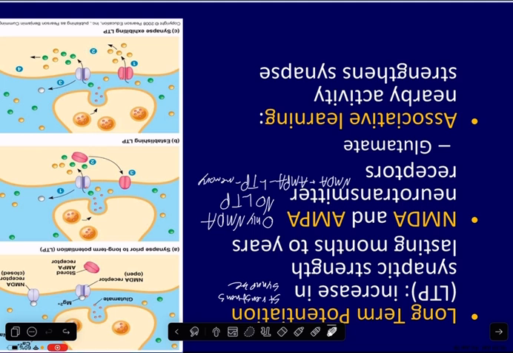So what researchers did was, every time they touched the gill, they also touched the snail on the head. Over time, the snail associated that head touch with needing to withdraw the gill. Eventually, you could just touch the head, and it would pull the gill in. So that's associative learning.